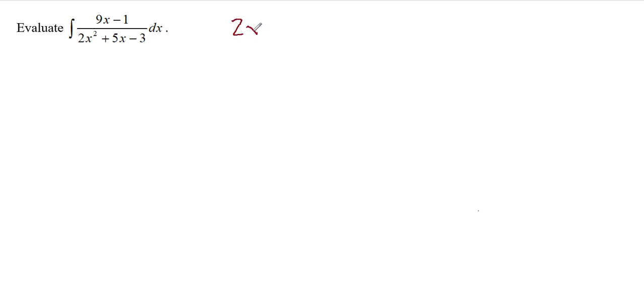So 2x squared plus 5x minus 3, if it factors, needs to look like this: 2x plus or minus something times x plus or minus something else. Now, because negative 3 is our constant term, we must have 1 times 3 sitting in these brackets.